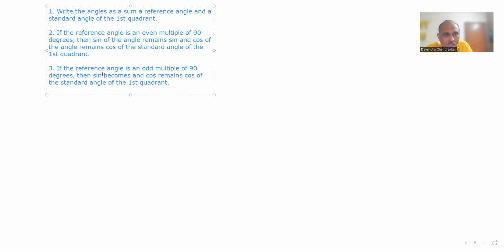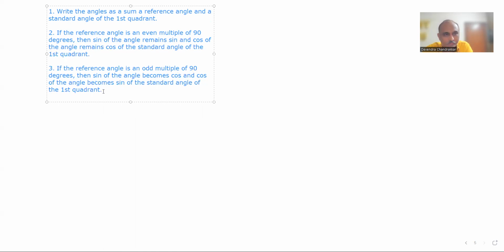And here also sine of the angle becomes cos and cos of the angle becomes sine of the standard angle in the first quadrant.